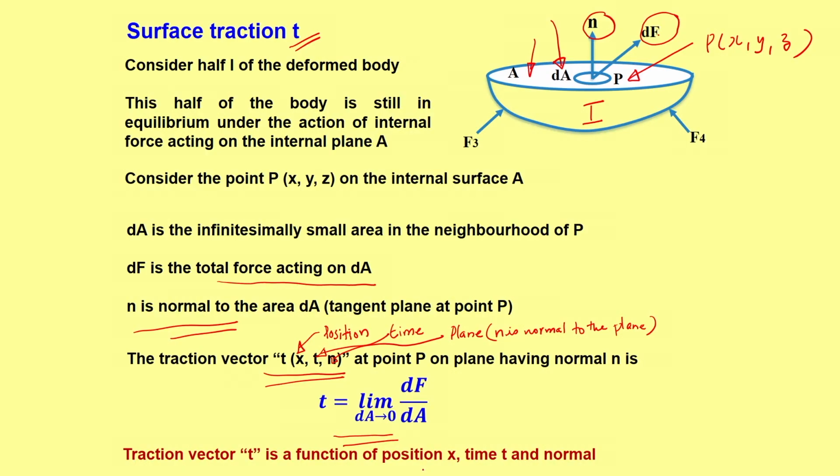That is why time becomes important. And it is also dependent on which plane it is acting on. This plane is identified by n. So, the traction vector t is a function of position x, time t and normal n.